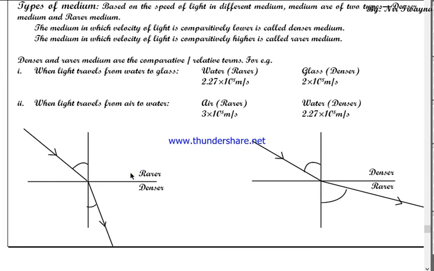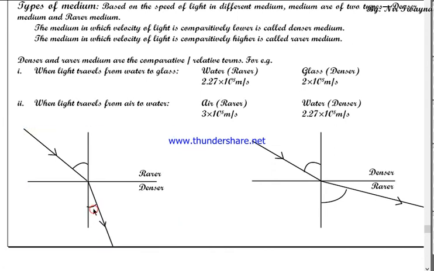Yes, when light travels from rarer to denser medium, velocity of light decreases, so it bends downward, isn't it? And here when light travels from denser medium to rarer medium, velocity of light increases, so it moves upward. Or to say, when light travels from rarer to denser medium, velocity decreases, and along with velocity the angle also decreases.